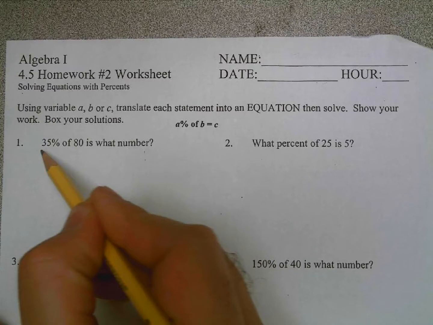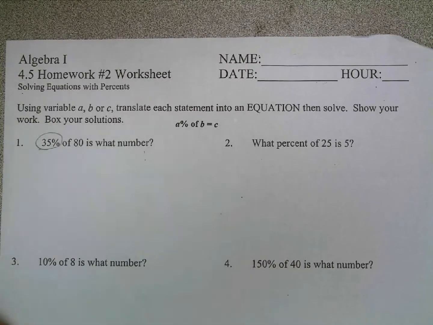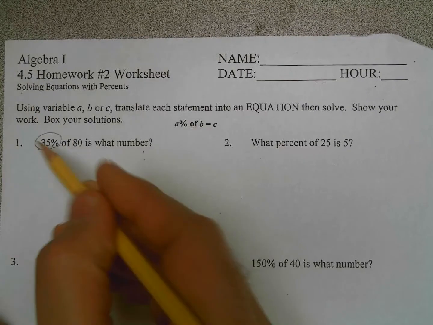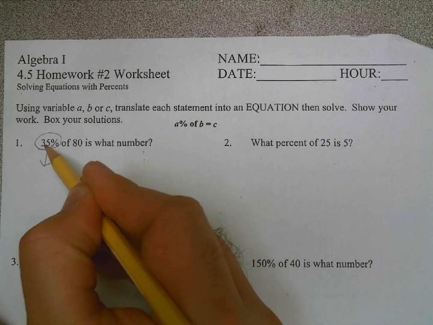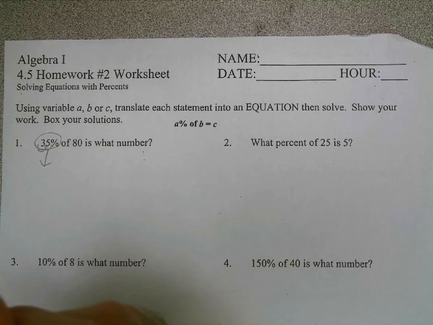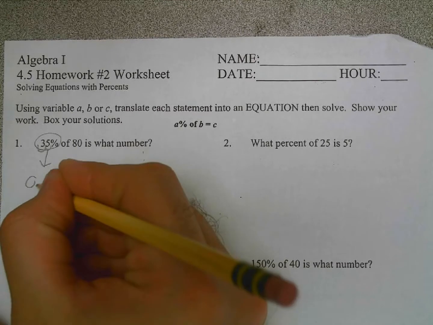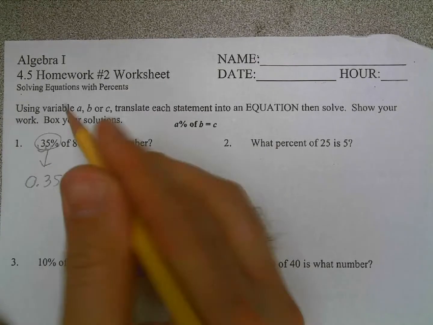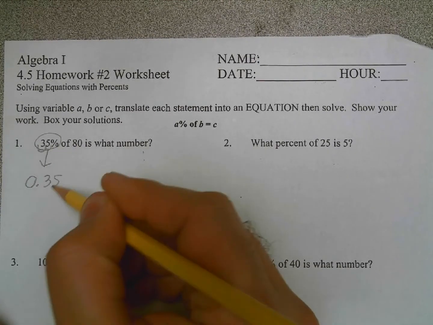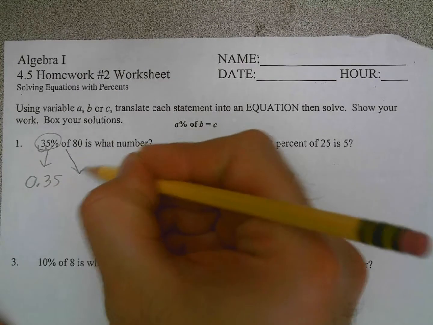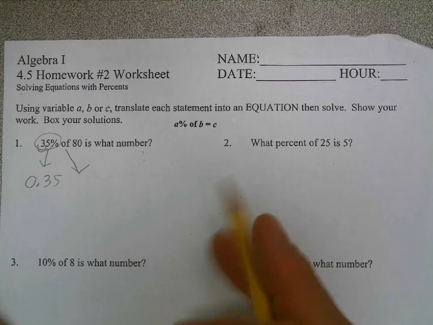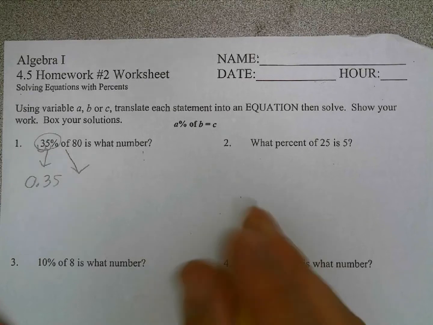So if I look at 35%, I can turn 35% into a decimal. So percent to a decimal, I'm going to just move this to the left 2 spots. So that leaves me with 0.35, turning the percent back to a decimal. The word of means multiply, all right?